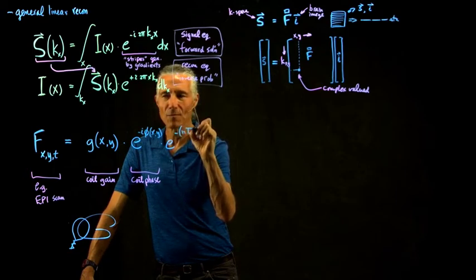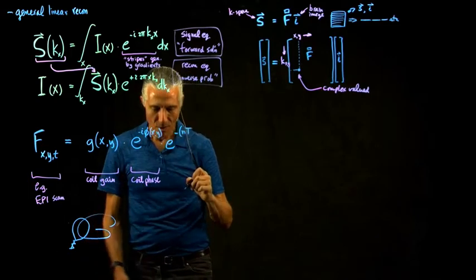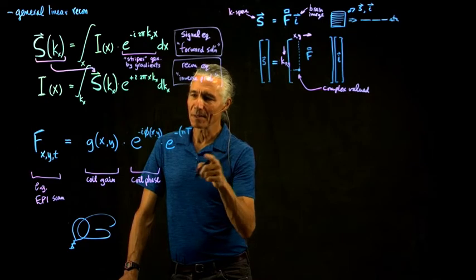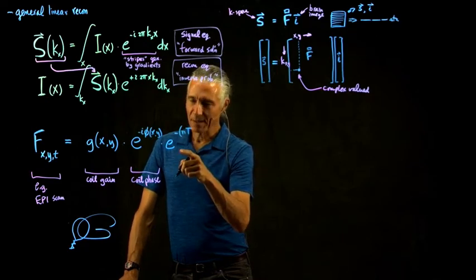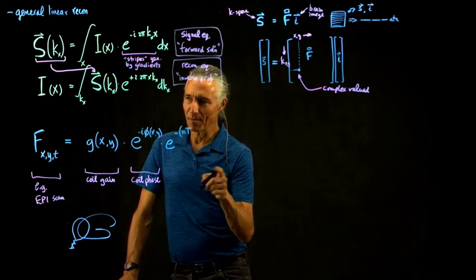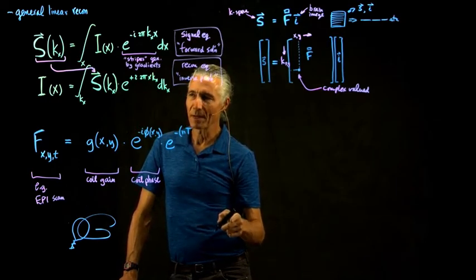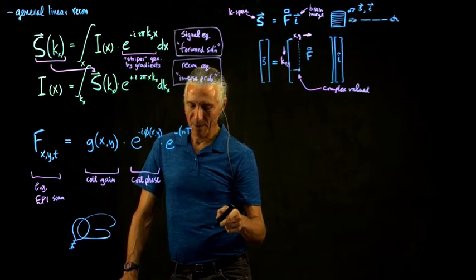Here's the time of one readout, and this is what particular readout line we're on, because this T2 decay is going to get more and more as you continue down K-space, because you're recording parts of K-space at different time points, which means there are different amounts of T2 decay.